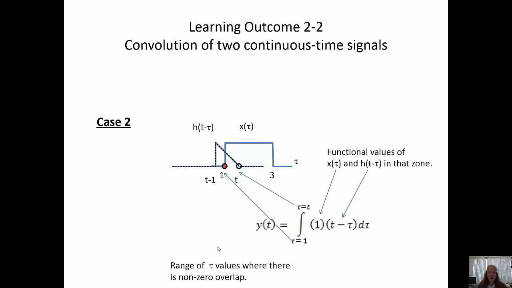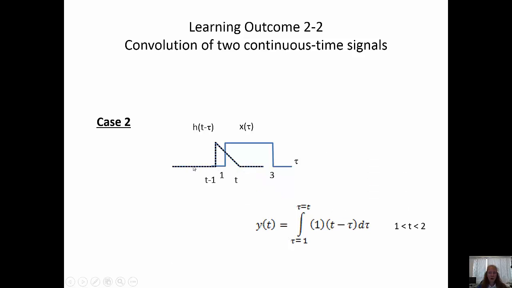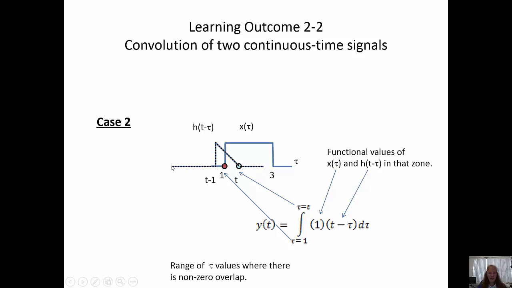Now to look at our convolution integral value for y, this is going to take on values where we have non-zero values. When tau is less than t minus 1, both functions have a value of 0. When tau is between t minus 1 and 1, our x of tau is a value of 0.